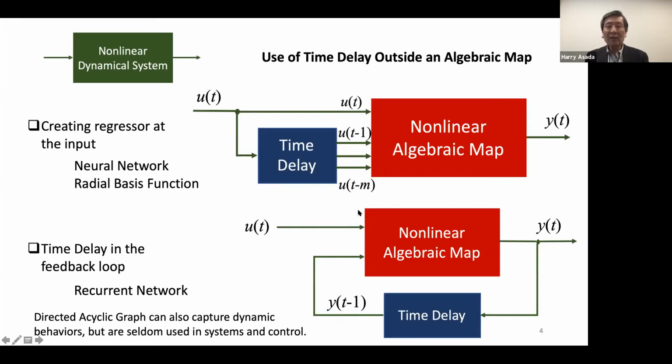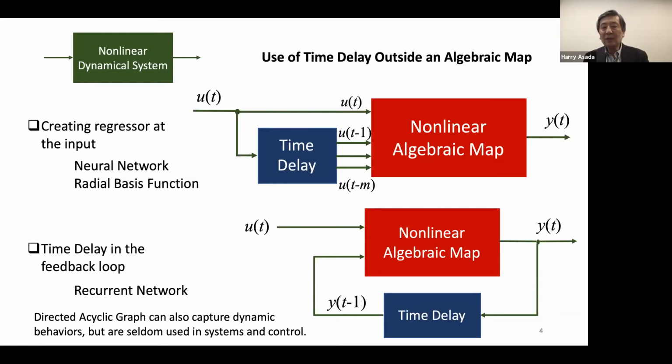Another framework uses feedback, and in the feedback loop we put the time delay. Some input comes in and goes to the first algebraic map, but y(t) is also fed back with a single time delay and used as part of the input. So this is going around, creating an infinite horizon. This kind of dynamic behavior can be captured by this modeling.